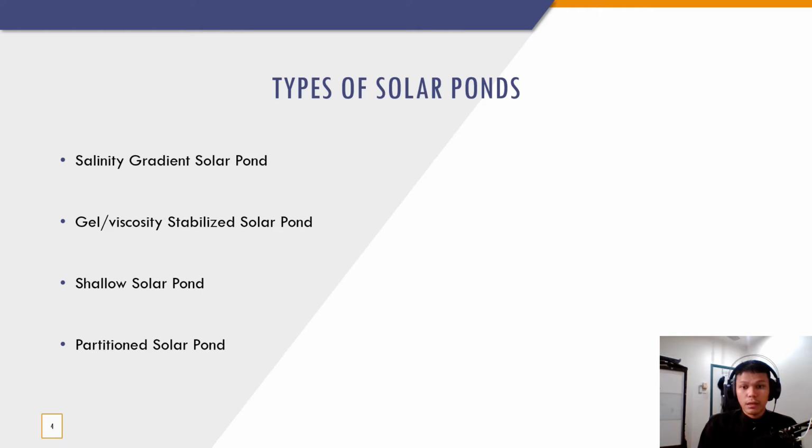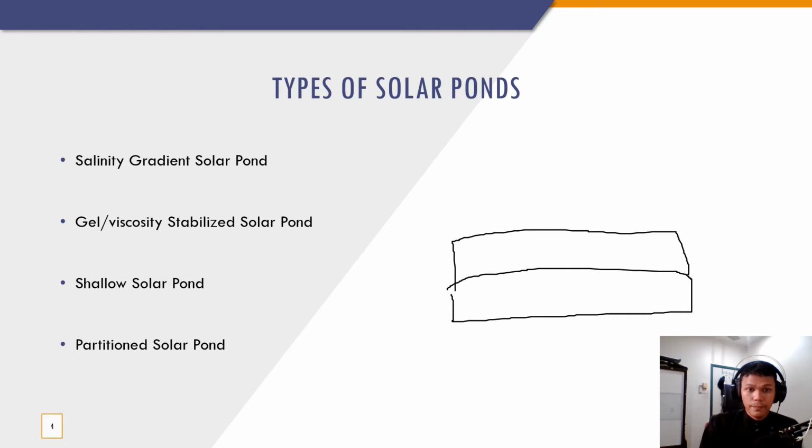And last but not least, partition solar pond. The main difference between this and the earlier types of solar pond mentioned is that the zones are physically separated by a solid wall into different compartments, rather than using different density fluid to separate.